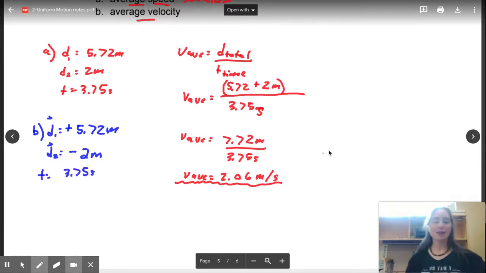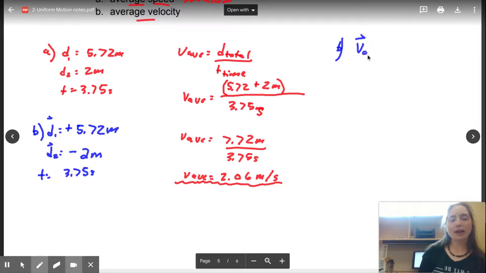Okay? So when we come over here for part B, for our calculations, we are going to be looking at average velocity, which is total displacement divided by total time. Okay?